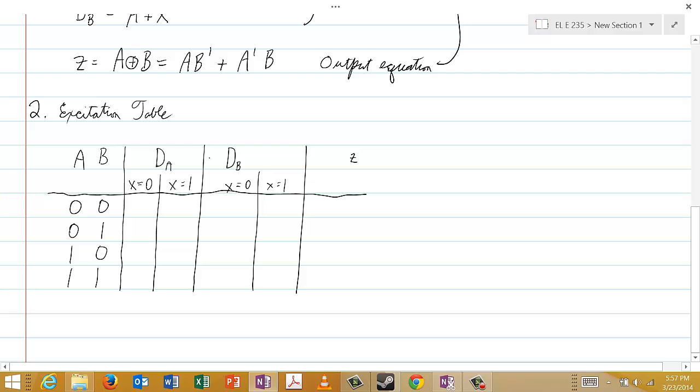And so this is a way that we could draw the excitation table.